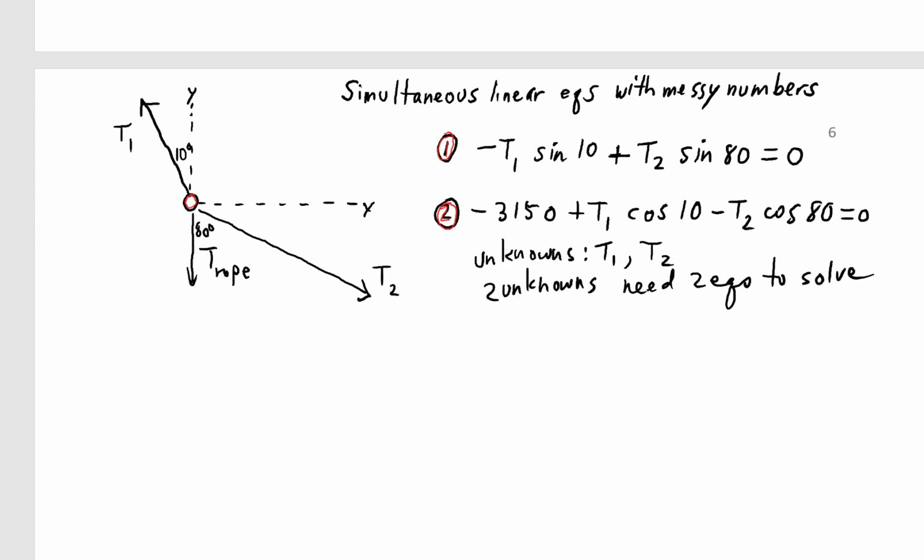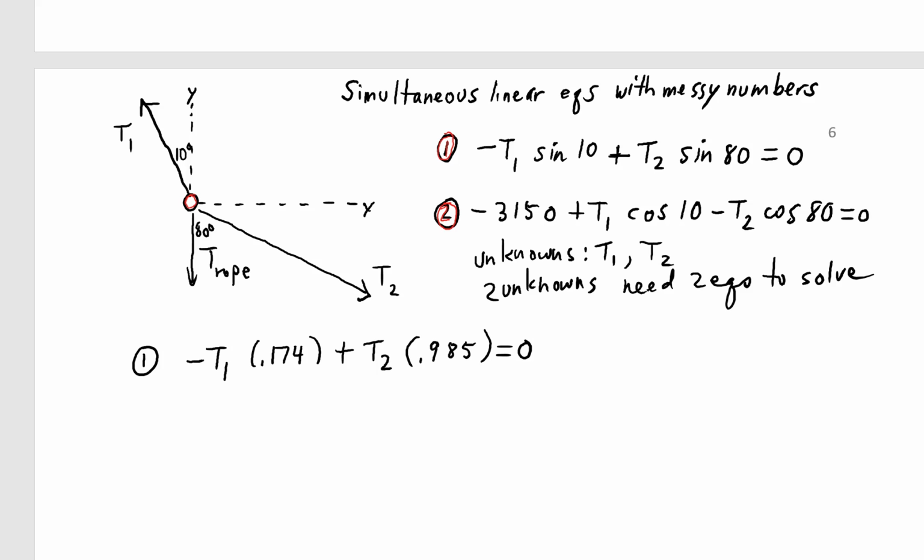Okay, so I've labeled the two equations 1 and 2. I'm going to first work with equation 1, so it's over here, and I'm going to use my calculator and just enter the values of sine 10 and sine 80. So this is what I got. See how messy these numbers are.